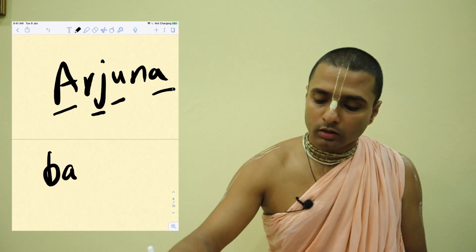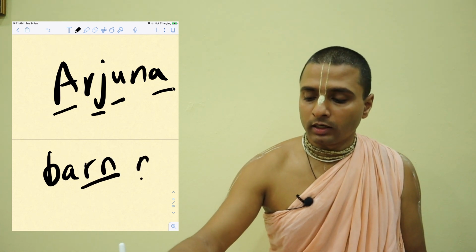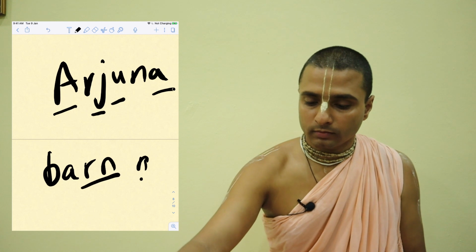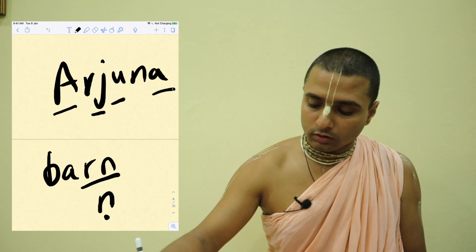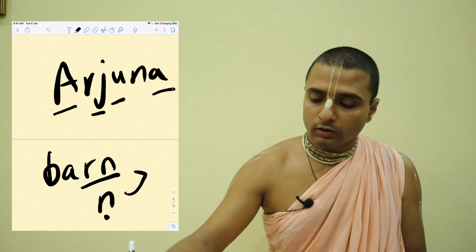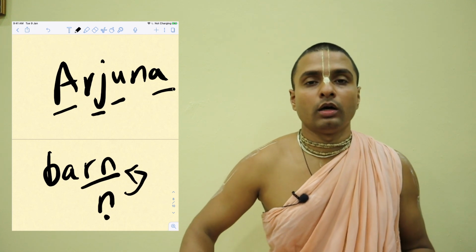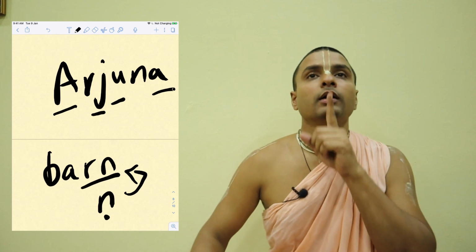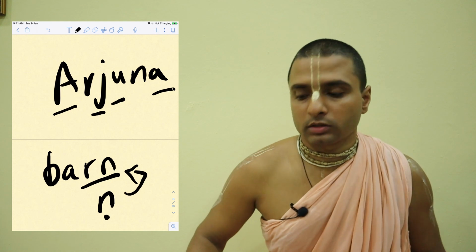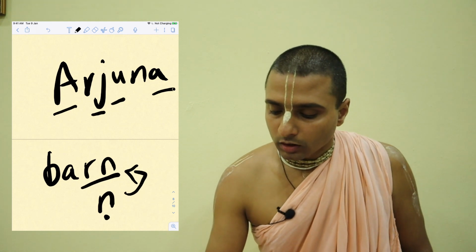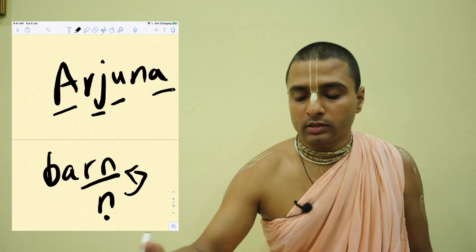When you say barn, the na sound is actually like this RN sound, barn. So the tongue is touching at the top, rna, that is the rna sound. So Arjuna.